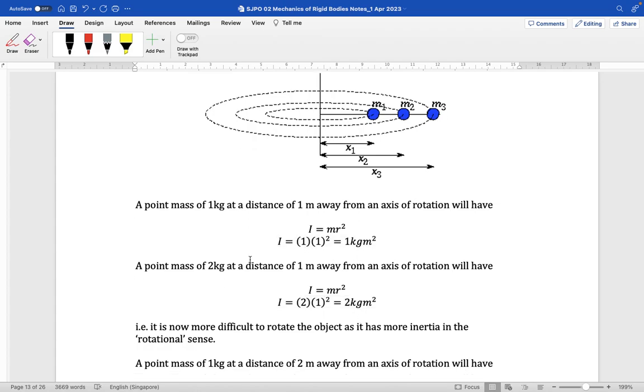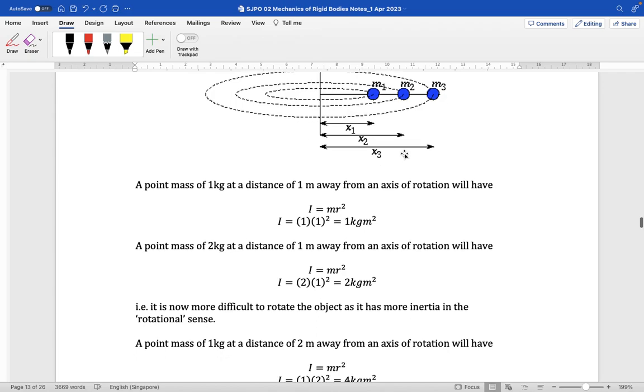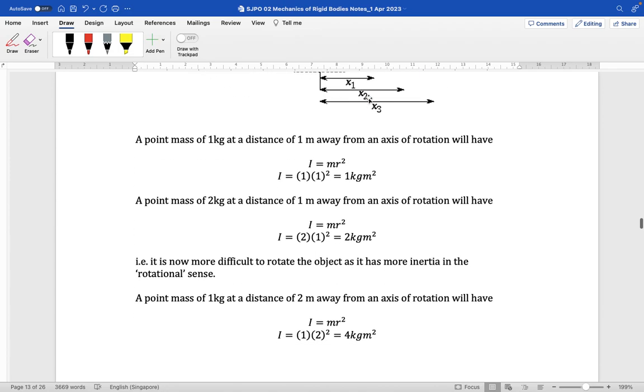Similarly, you can try this on your own: if your mass is fixed at 1 kg, let m1 be 1 kg and let m2 be 1 kg as well. So the mass is the same, but m2 is further away, let's say 2 meters. Your moment of inertia will increase for the object that is further away from the center of rotation than the object that is closer to the center of rotation.